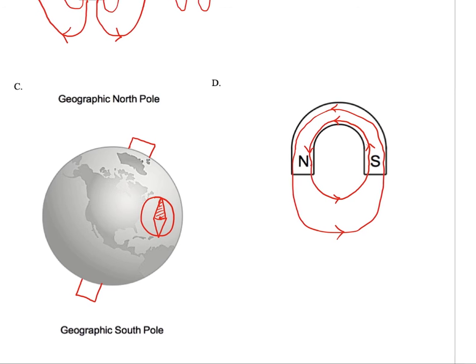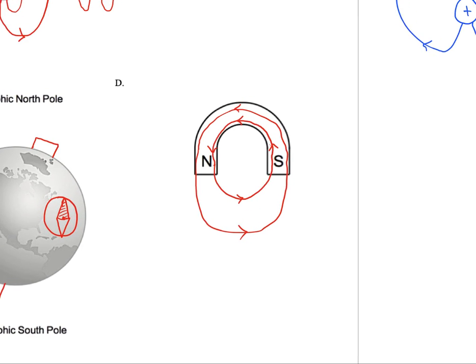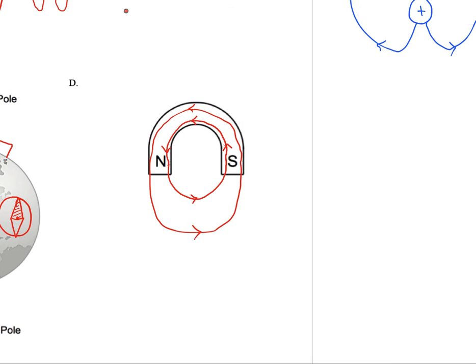But just for context, let's remember what it was like for electric charges and how they were attracted to other charges. If we were to have a positive charge up here and a negative charge down here, and then let's say we've got in the middle here two particles attached to each other by a string.